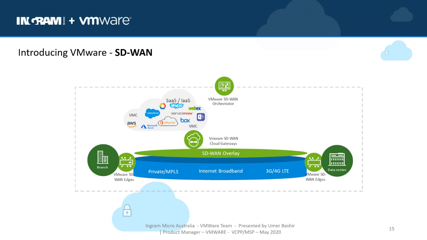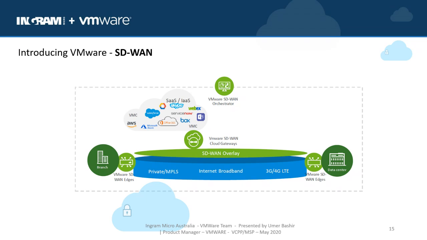SD-WAN is using what we call DMPO technology. It helps you monitor the latency, jitter, and packet loss, and you will be able to make a better informed decision in the process. The Edge device at the branch detects all the app traffic coming in and will switch it to the best link available, and the end user would not even be able to notice if there was latency or not, because all those decisions are made at the software level by SD-WAN.